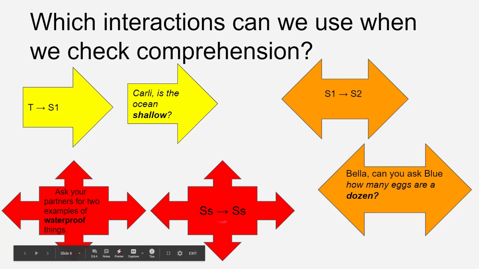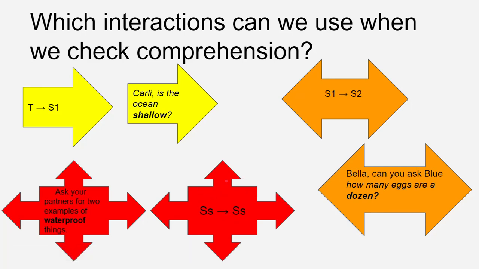Or you could use an all students pair work question, sometimes called the 3 magic words, ask your partners. You could ask a question like, ask your partners for 2 examples of waterproof things. Here it's an all students pair work question, and it's a comprehension check about language, and it's an example question.